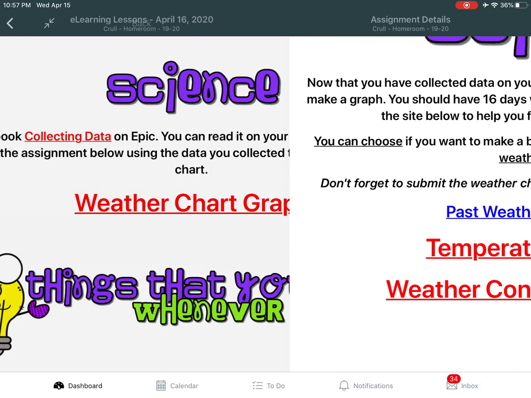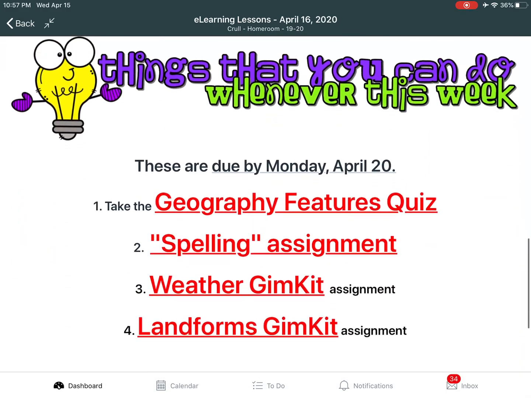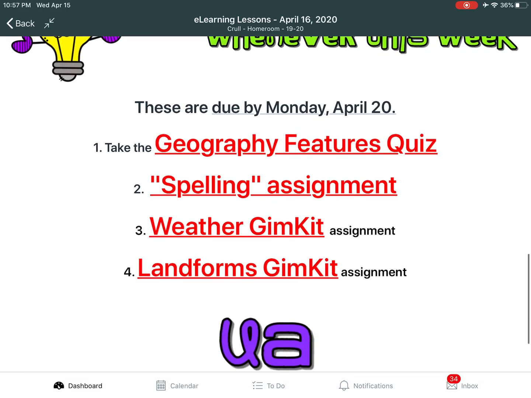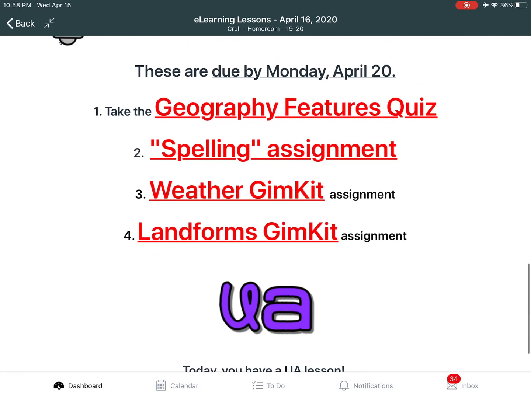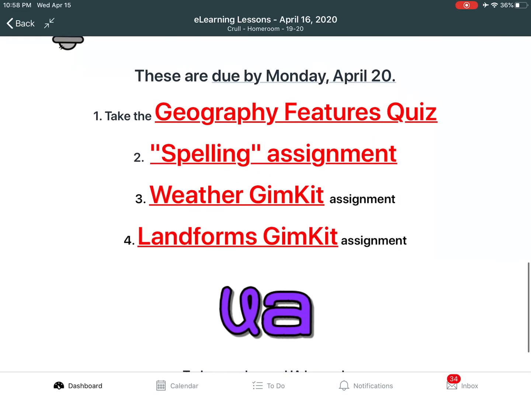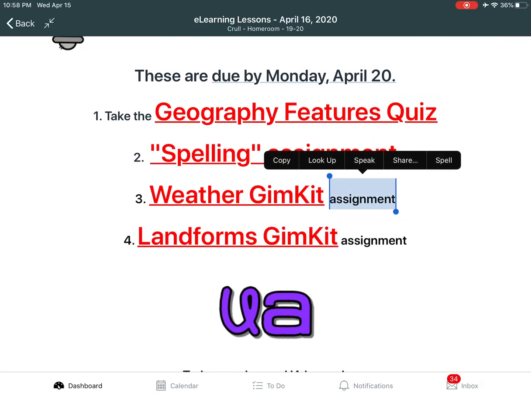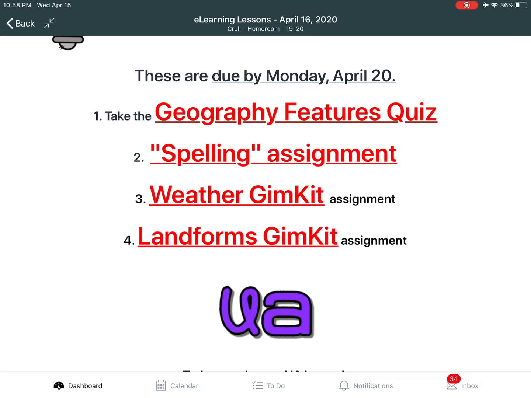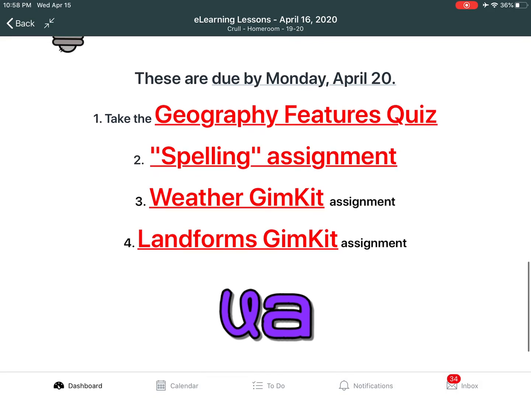So there is that. Also make sure that by Monday you have done these 4 things. These 2 GIM kits have been on here for quite a while. Well, let me rephrase that. Weather has been on, we've had since before spring break and before we had our first e-learning day. All right, Landforms have been here since last week.